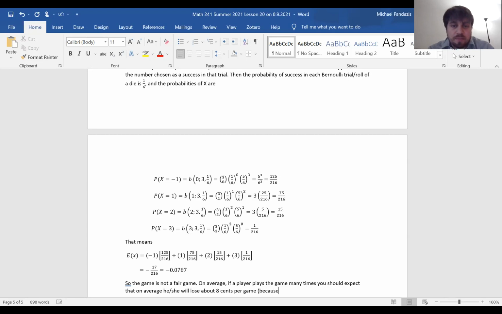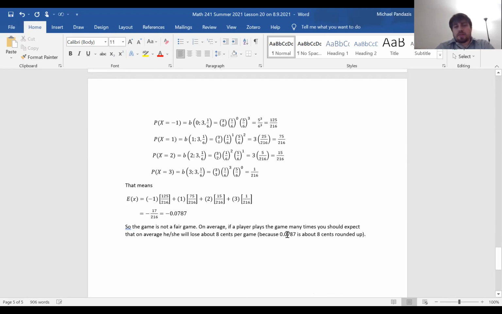And that's because 0.0787 is about 8 cents rounded up. Okay, so right, 1/100th of a dollar is a cent, and so this 7 here in the hundredths place is like 7 cents, but then it's 87 hundredths of another cent, which rounds up to 8 cents.